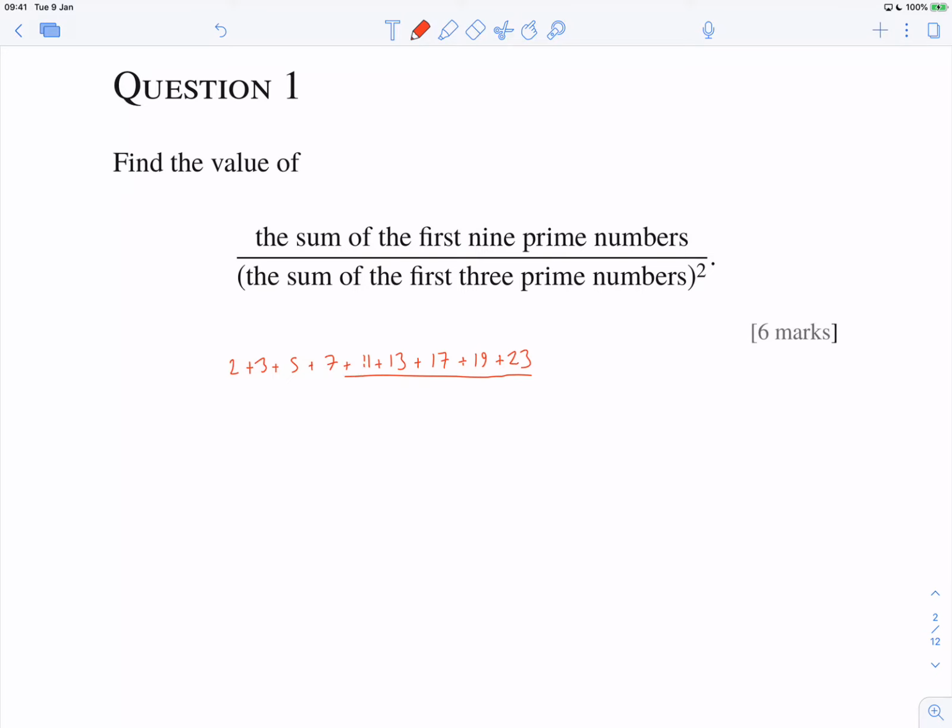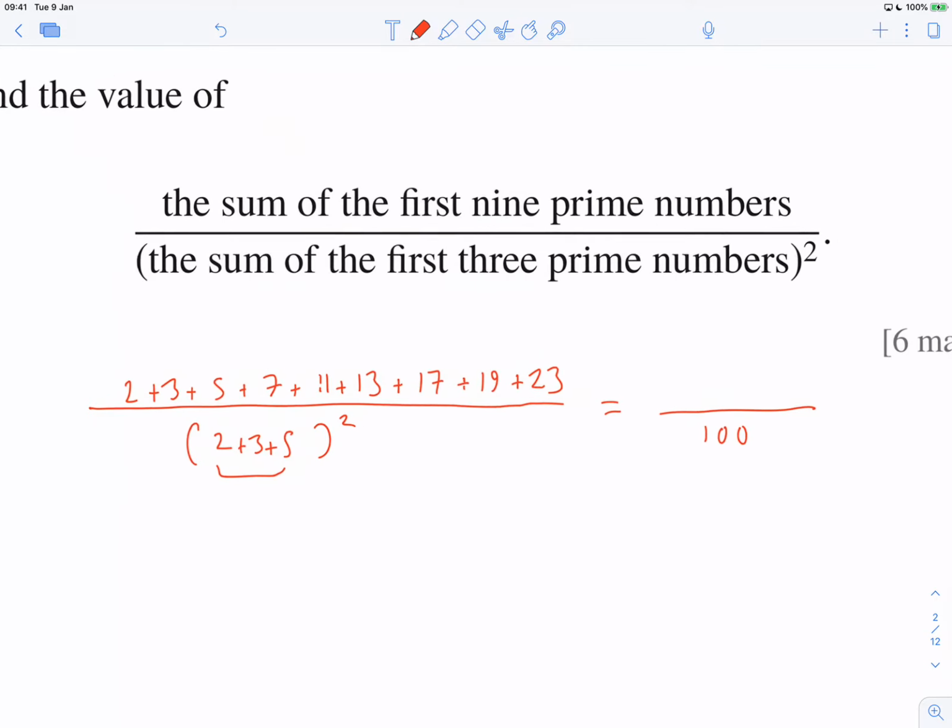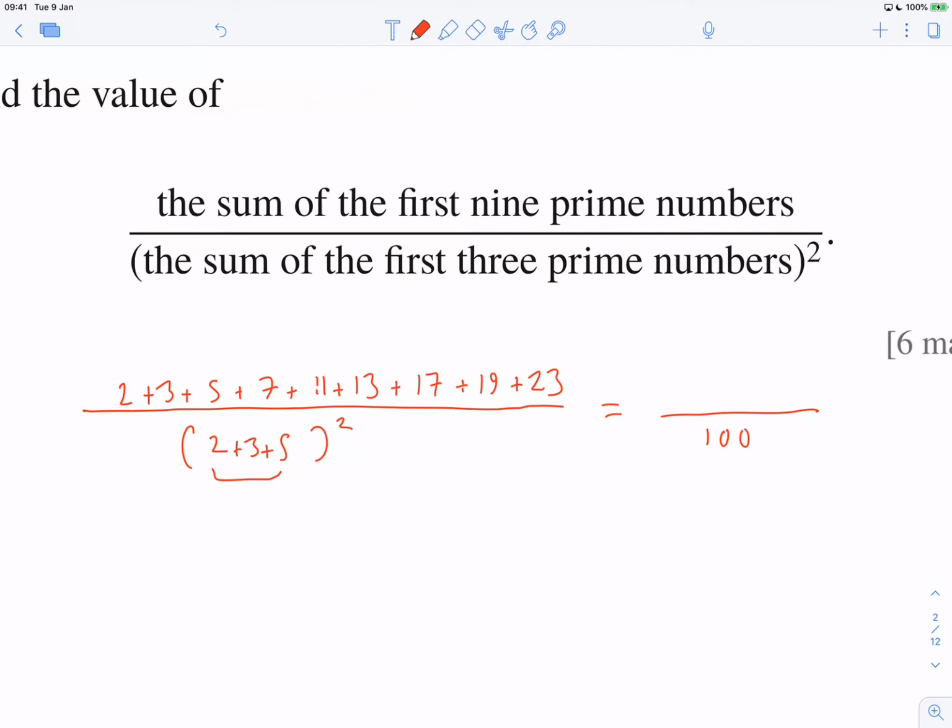And that needs to be divided by the first 3 prime numbers, which is 2 plus 3 plus 5, summed up and then squared. So let's do the easy bit first. 2 plus 3 plus 5 is 10. 10 squared is 100. And then on the top, I'm going to try and add things together. So I know that 2, 3 and 5 make 10, so I can cross them off.